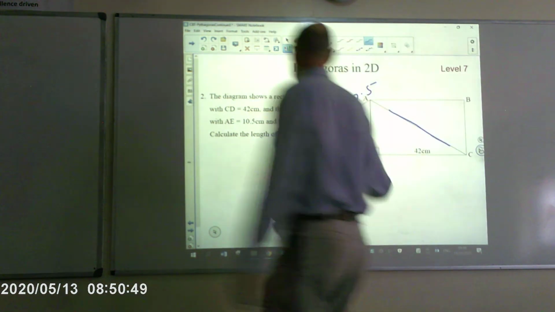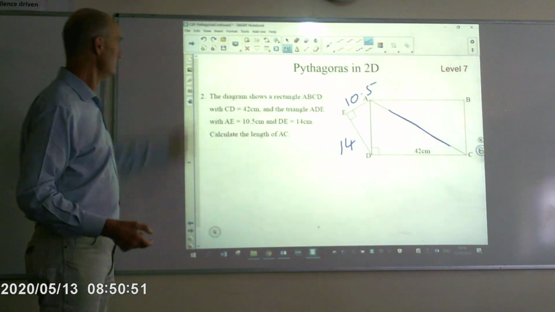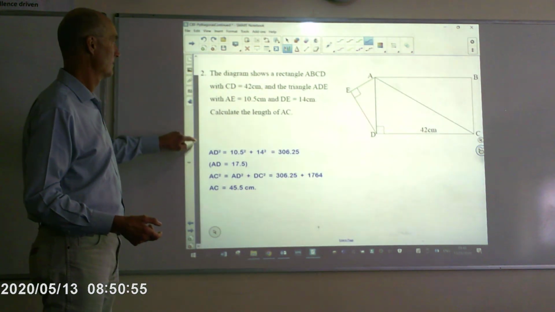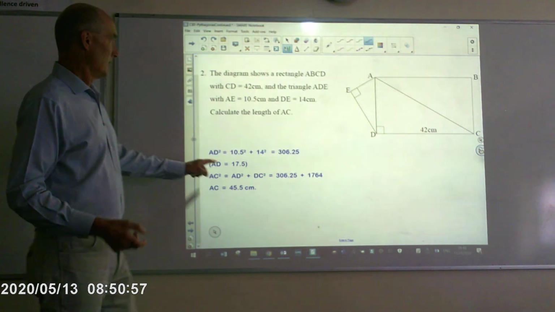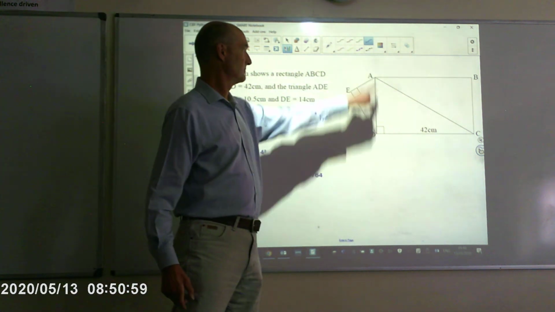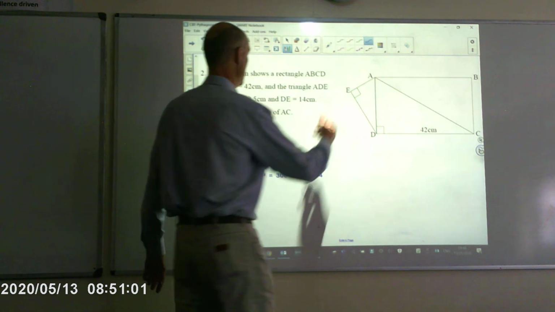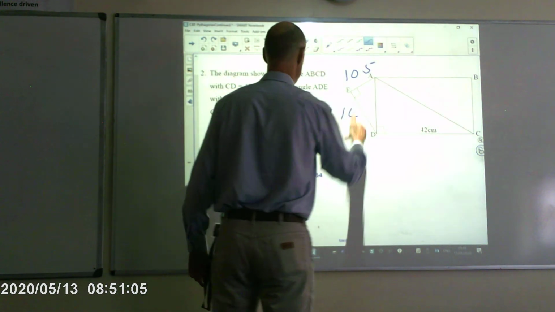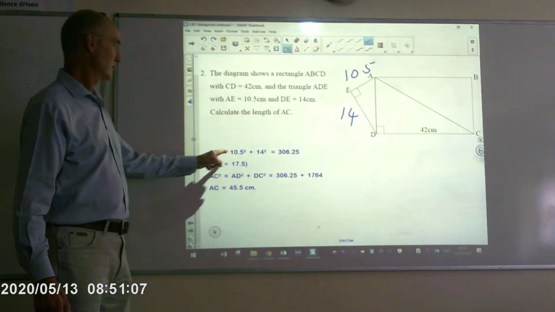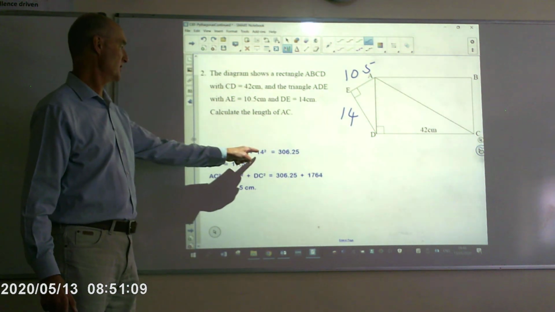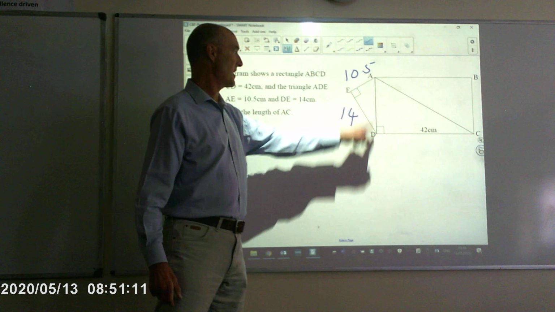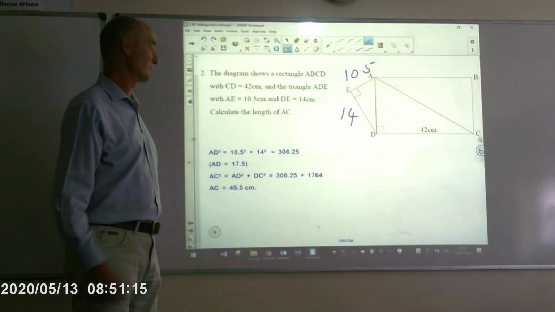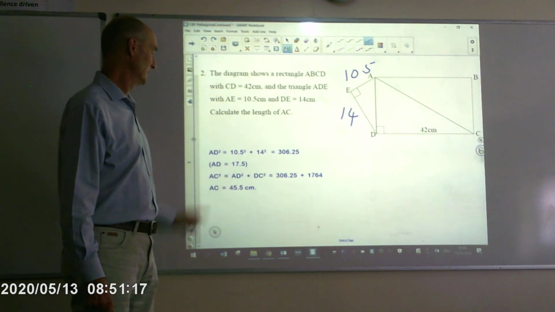Okay, solution to this question. AD. We know that this is 10.5. We know that this is 14. So 10.5 squared plus 14 squared would be AD squared. 306.25. You can do that on your calculator.